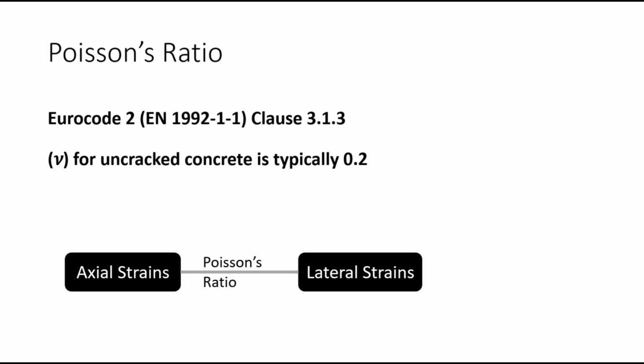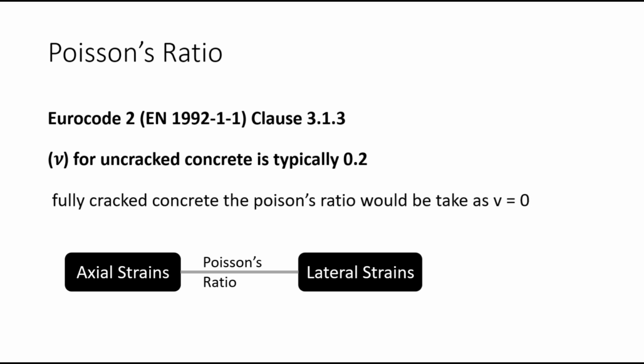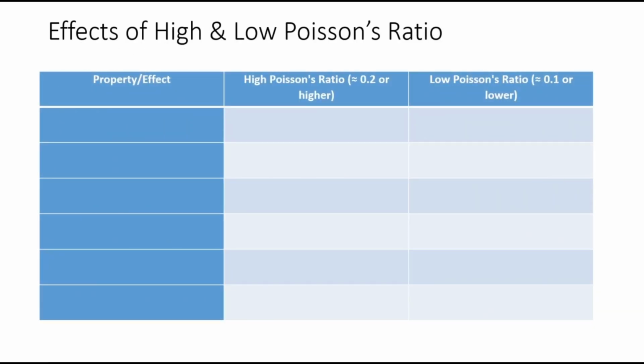In most concrete designs, this value of concrete Poisson's ratio ranges from 0.18 to 0.2. For cracked concrete, it would mean that the Poisson's ratio would fall all the way to 0.